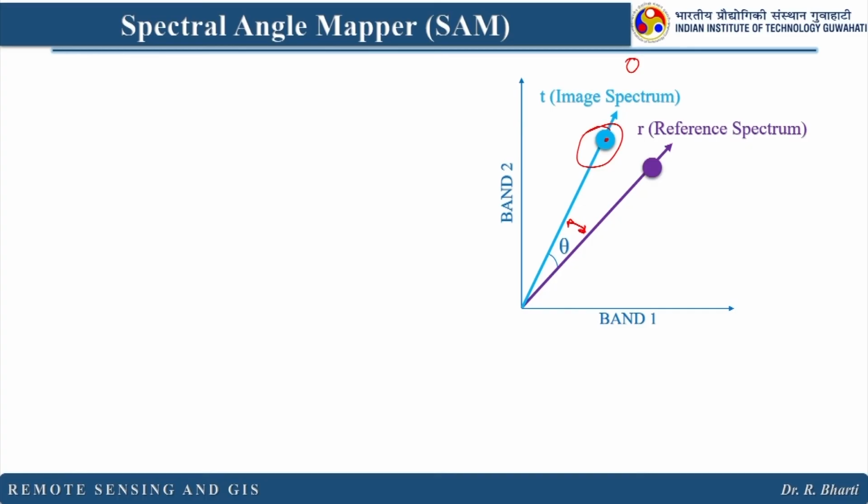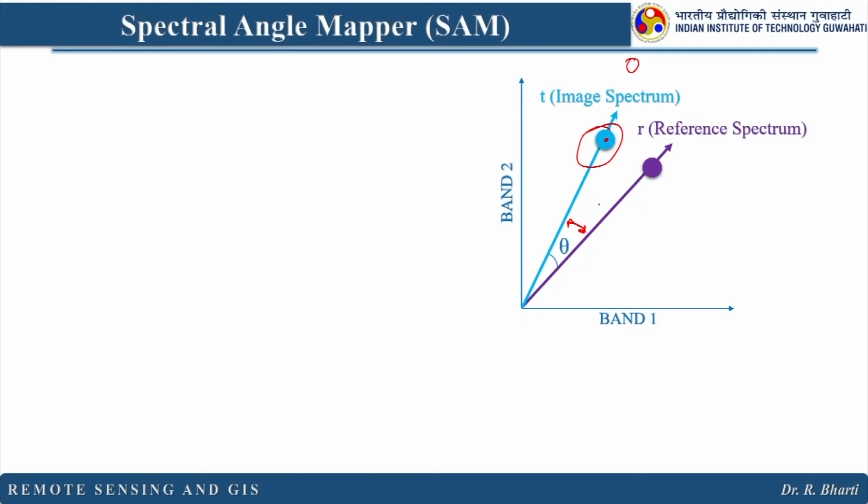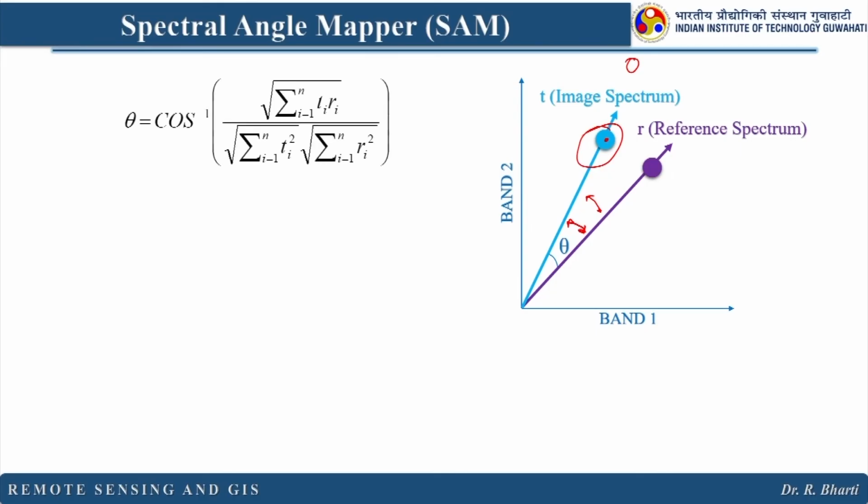You don't have to bother converting to percentage reflectance, or matching the units of your input data with your reference data. Here it is only going to measure this angle, and that is what matters. So we will be using this equation to estimate theta.